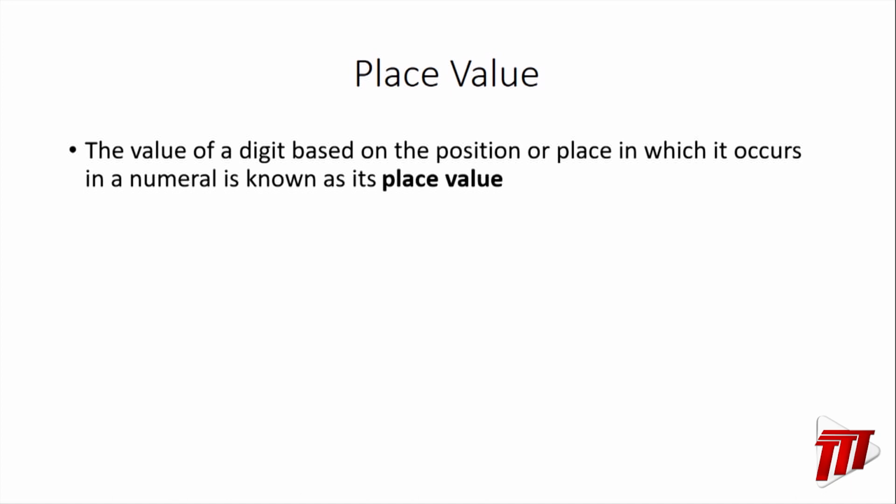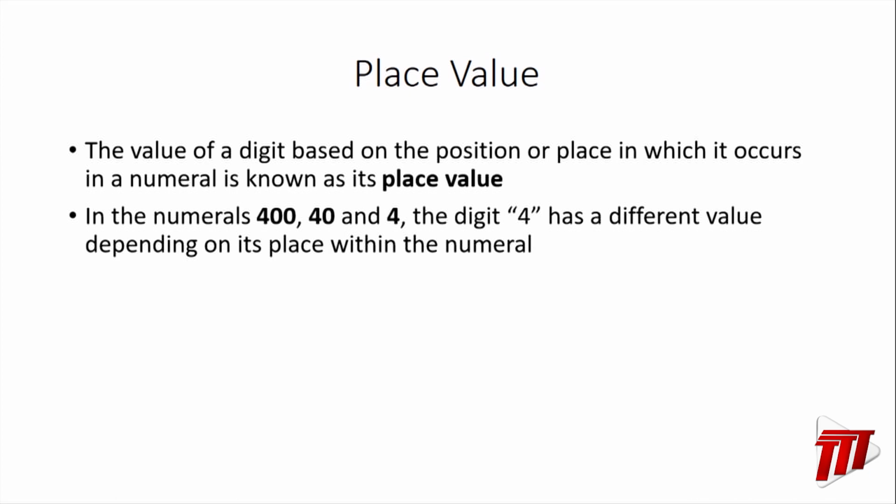The significance of place value becomes apparent when we consider that in our number system there are only 10 digits: 0, 1, 2, 3, 4, 5, 6, 7, 8, and 9. Place value allows us to repeat those digits whenever we have to represent larger numbers.